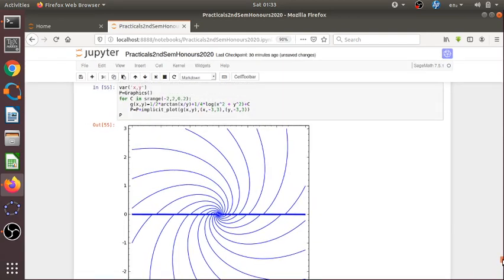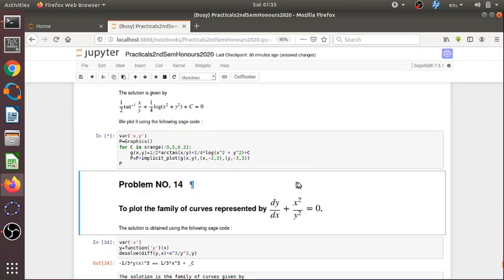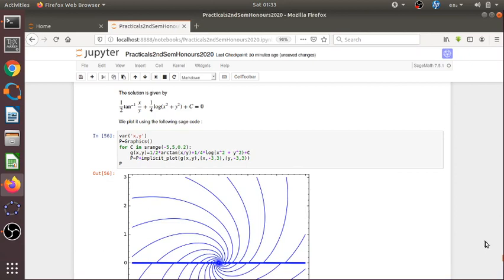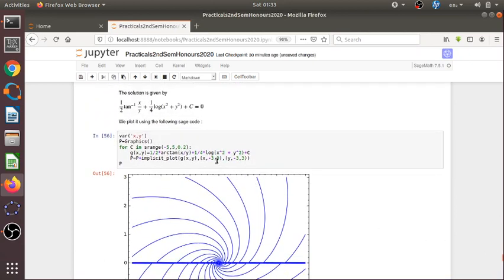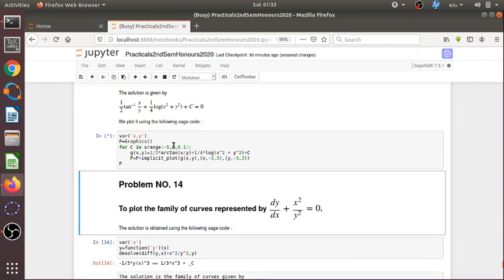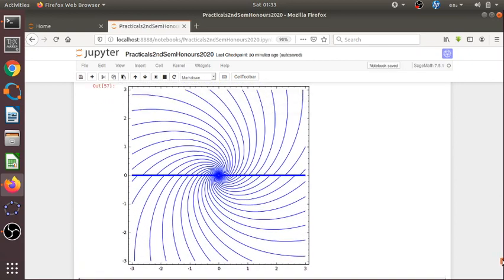If you change the values, say minus 5 to 5, then what happens? You get more curls, right? And this is what is happening. And if you change the spacing between the C's, you will get more curves here, more spirals, right?